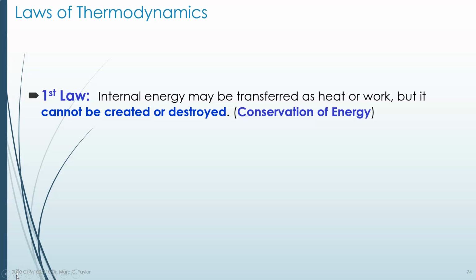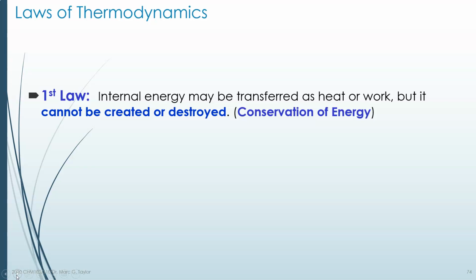And that average speed translates to a certain amount of kinetic energy or heat that can be observed with that object. So what this law is stating is that you can transfer heat into this, you can transfer heat out, you can do work onto the system, or you can let the system do work on other things, but the energy cannot be created or destroyed.